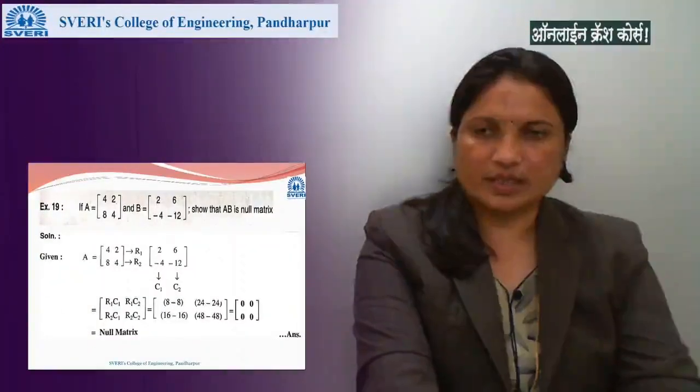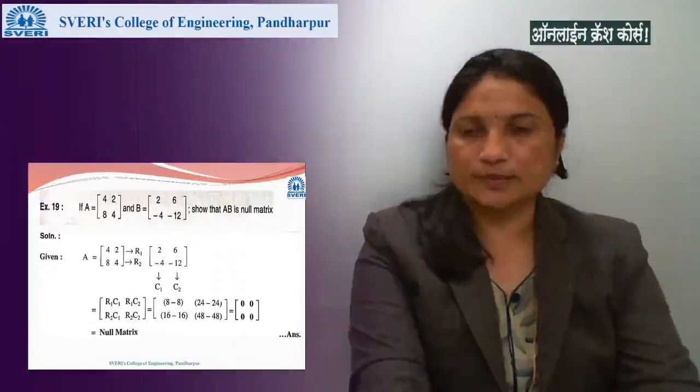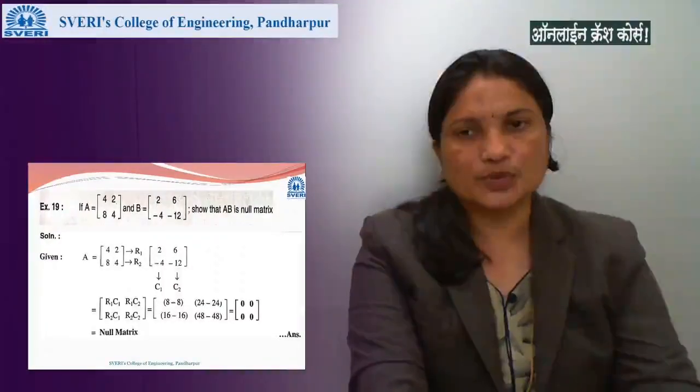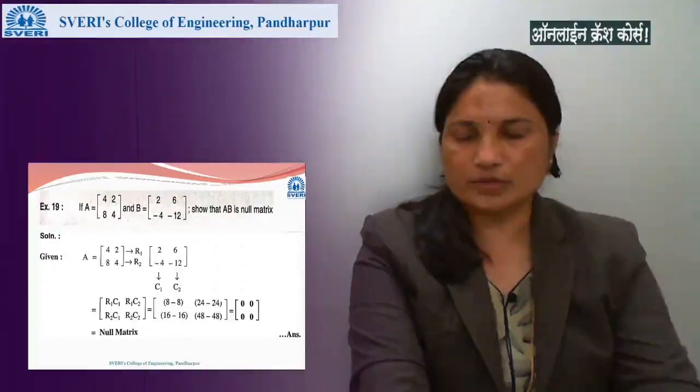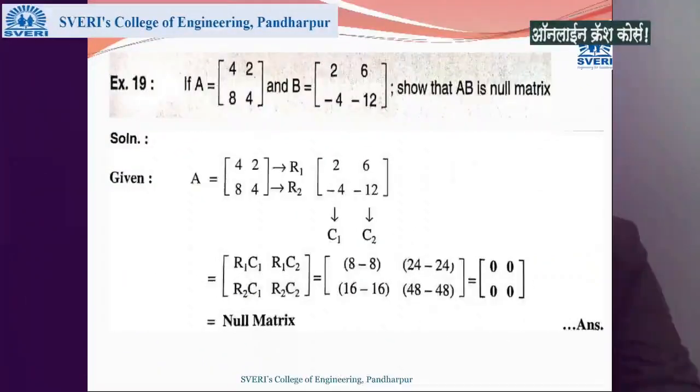Similarly, we are going to see the next example. If A is equal to 4, 2, 8, 4 and B is equal to 2, 6, minus 4, minus 12, we are going to show that AB is a null matrix. Just look at this. What do we have?